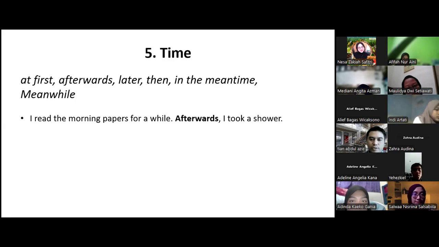So we join the two sentences using "afterwards," because reading the morning papers is done first, and taking a shower is done after reading the morning papers. So you have to identify which activity is done first.